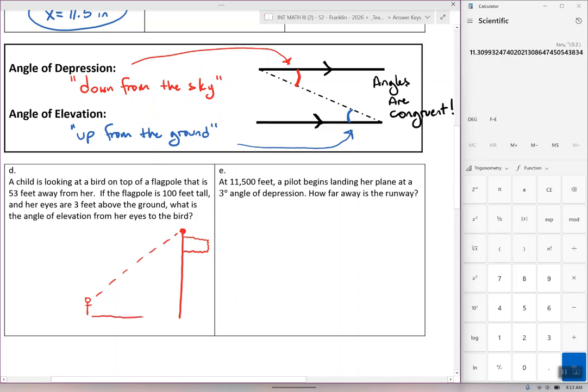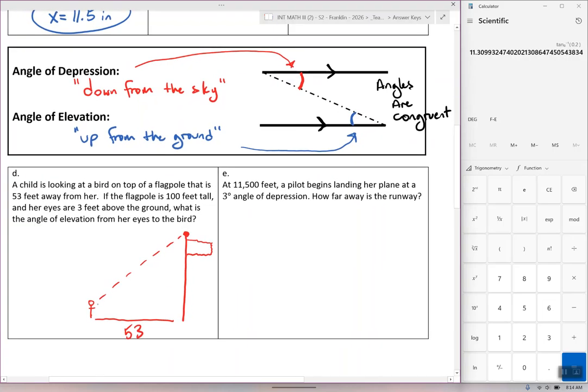So we know that this distance here is 53 feet. The flagpole is 100 feet tall, and her eyes are 3 feet above the ground. So this is giving us some additional context about the triangle. So if we have our triangle starts at her eyes, and that's important because if the flagpole is 100 feet tall, we're starting 3 feet above the ground.